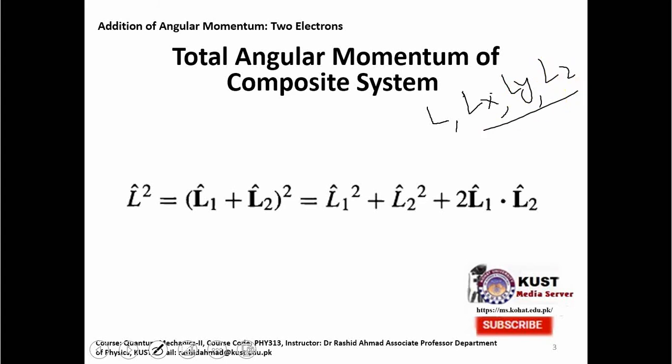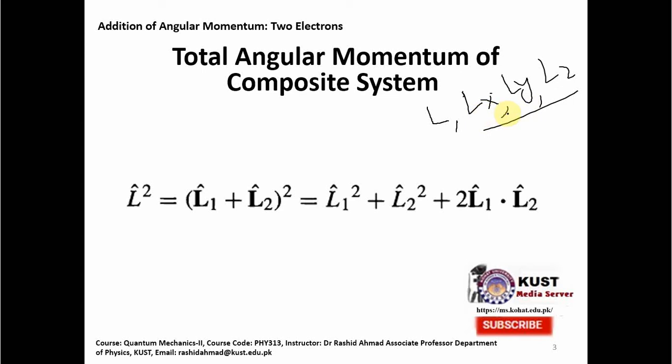Now in quantum mechanics, when we want to specify the state of any system, we specify it with the parameters or quantities which can be exactly calculated. The problem here is that these three components of angular momentum, Lx, Ly and Lz, cannot be exactly and simultaneously determined.